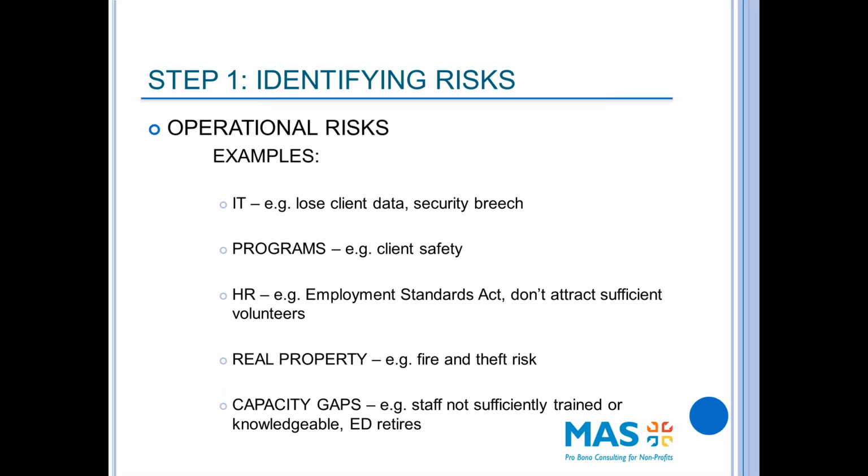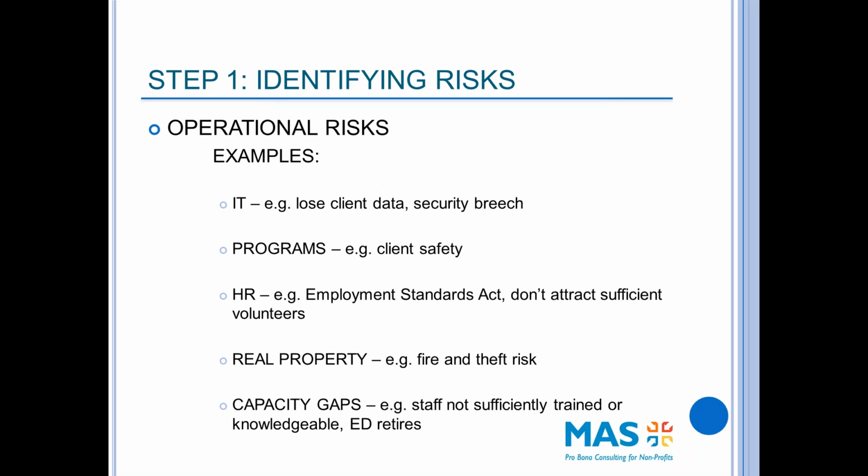The second bucket to think about is operational risks. The kinds of operational risks that you have would really depend on what kind of operations you have, obviously, and would also depend on the kinds of clients that you serve. So it would differ quite a bit. For instance, you would all have some level of IT risks.